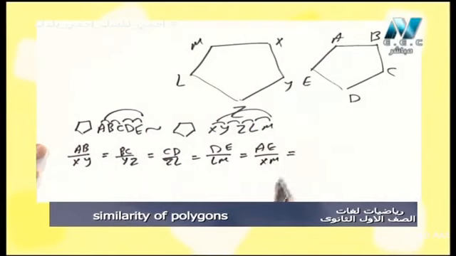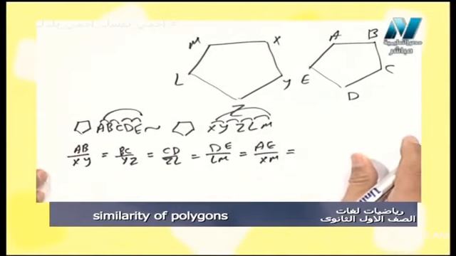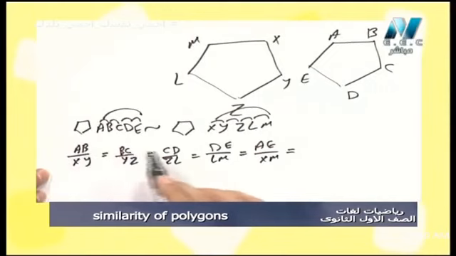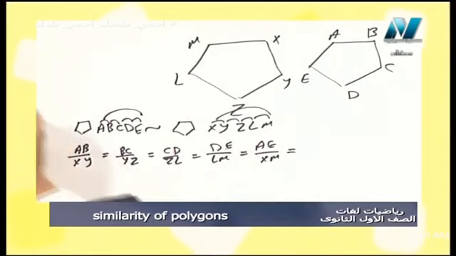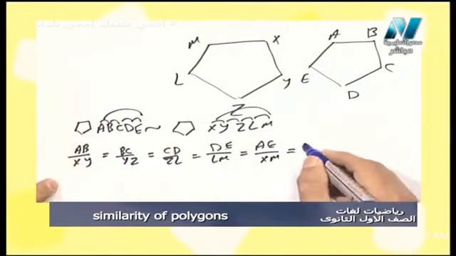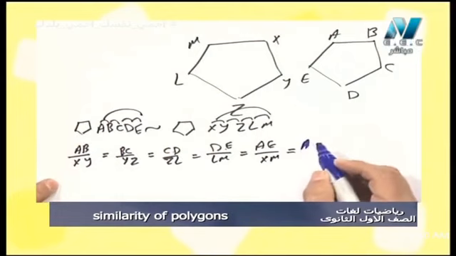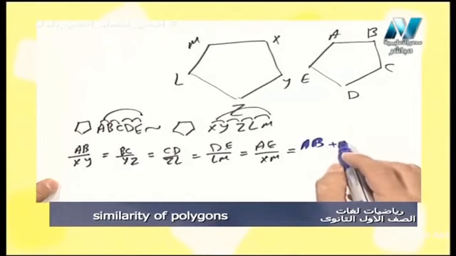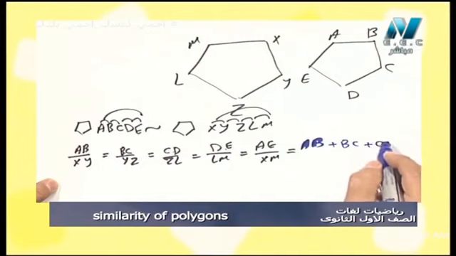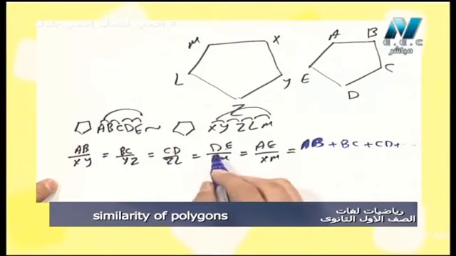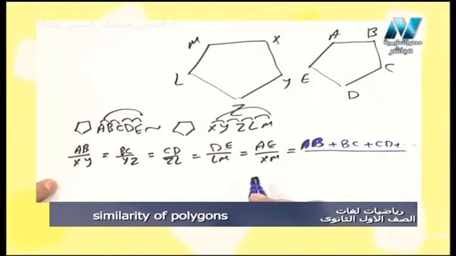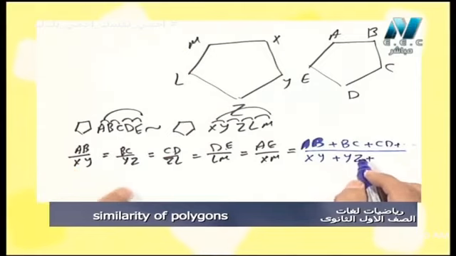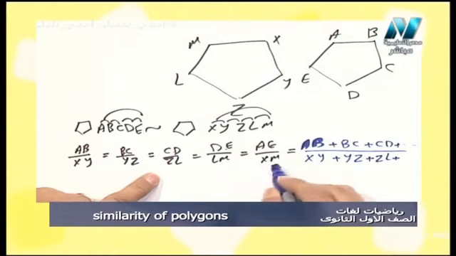Okay, we know from the properties of ratio that if we add AB to BC to CD to DE to AE like that, let's add them: AB plus BC plus CD and so on, plus DE plus AE, over XY plus YZ plus ZL and so on, LM plus XM.